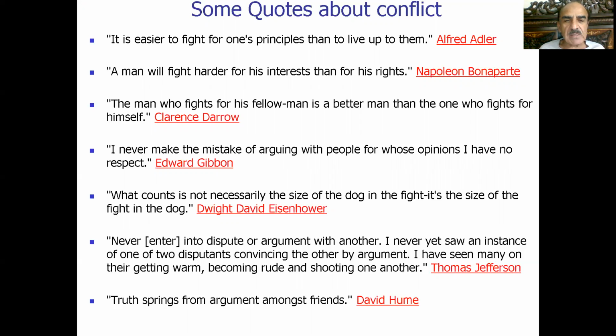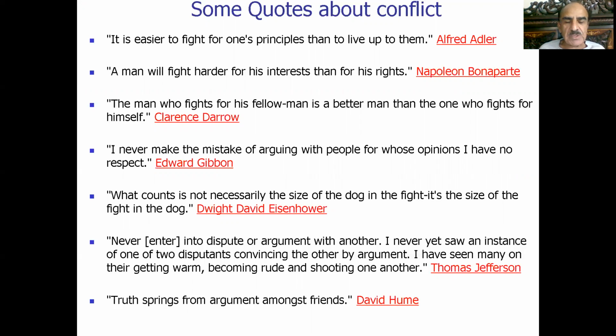I never make the mistake of arguing with people for whose opinion I have no respect. Edward Gibbon: what counts is not necessarily the size of the dog in the fight, it is the size of the fight in the dog. So the spirit of the negotiation, the spirit of conflict resolution would really make a solution.